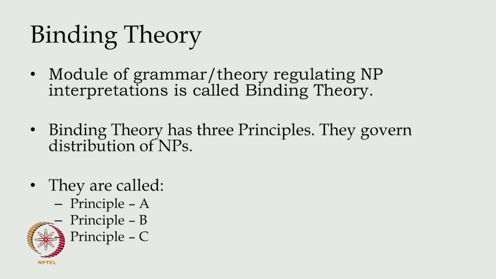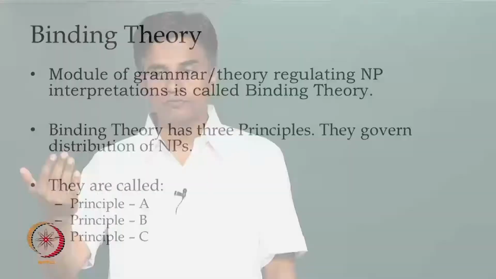When we go into details, this theory has three parts, and each part is given a name: principle A, principle B and principle C. It should not be very difficult for you to guess by now that A, B and C would finally end up referring to the 3 sets that I have shown you.